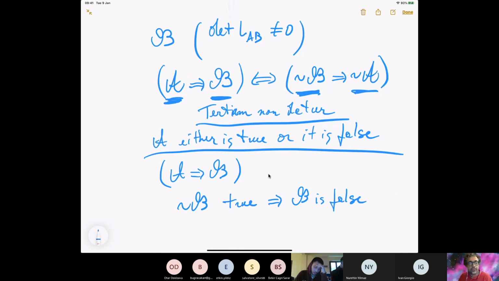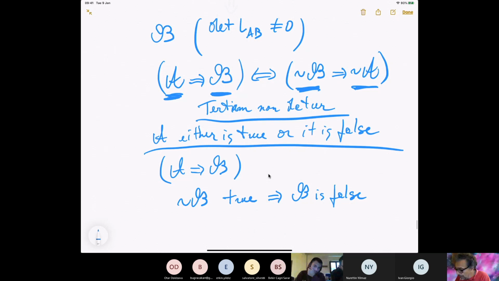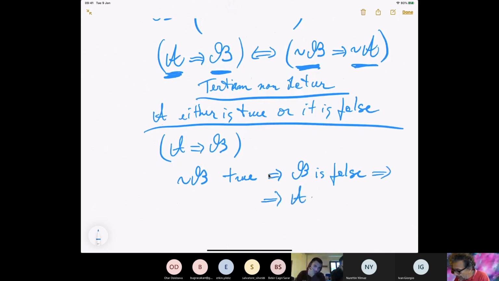If B is false, A cannot be true, because if A were true, B would have to be true. So we can conclude that A is false. So non-A is true. And this is this implication.